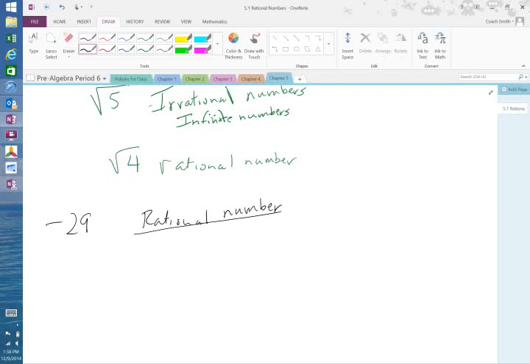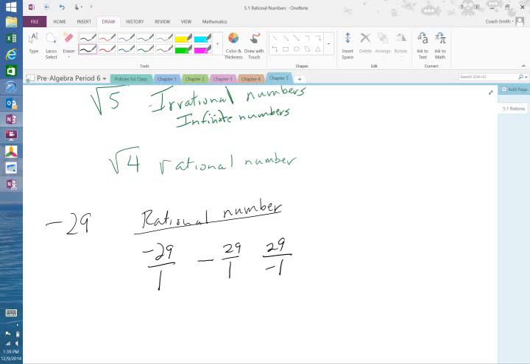There are actually 3 different ways I can write negative 29 as a rational number because it has the negative in front of it. I can write it as negative 29 over positive 1. I can write it as negative sign right in the middle, 29 over 1. And I can write it as 29 over negative 1. All 3 of those are equivalent. But you do need to write them all 3 out.